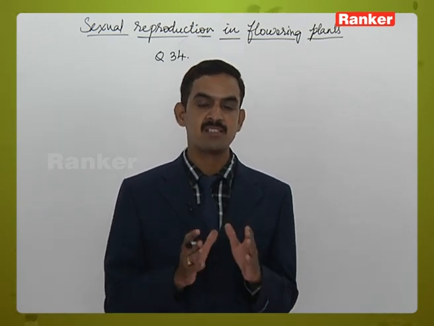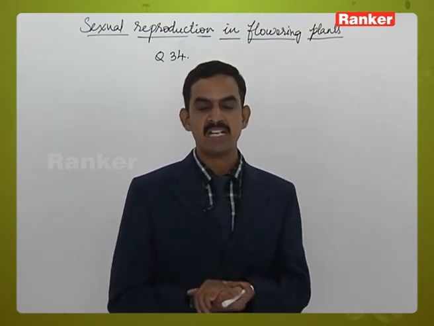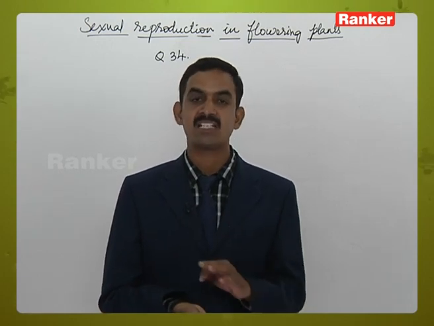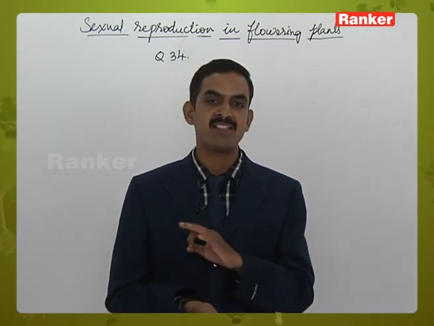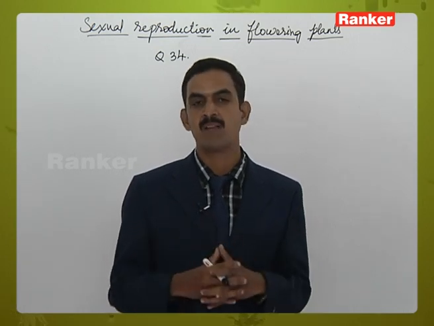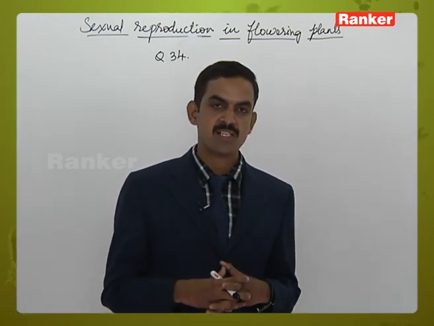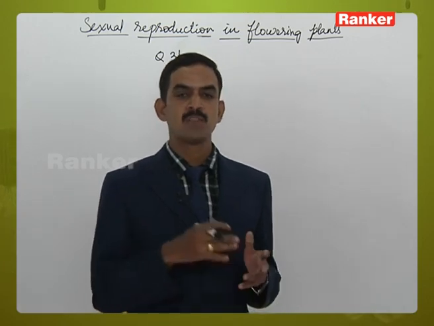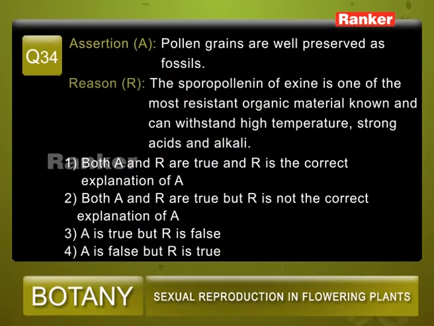It can resist strong acids and alkali also. And one more thing, it can resist any type of enzymatic activity. That means no enzyme can do anything to this pollen grain due to the presence of sporopollenin. So in the given options, assertion A is correct, reason R is also correct, and the reason is giving the correct explanation for the assertion. So question number 34, the correct answer is 1.